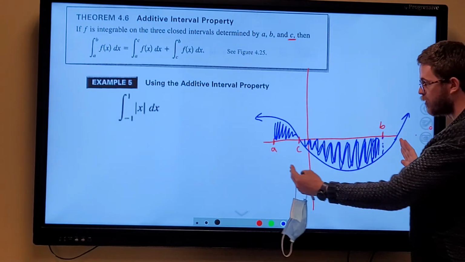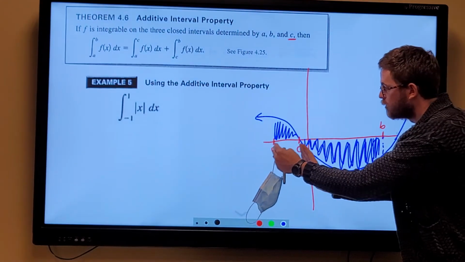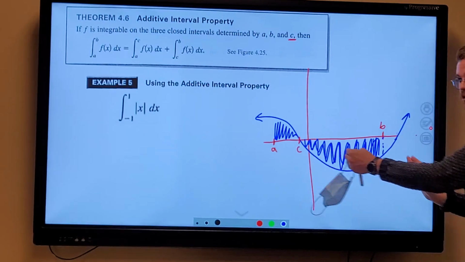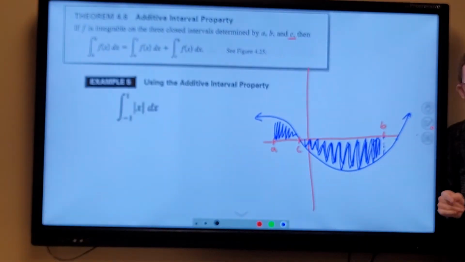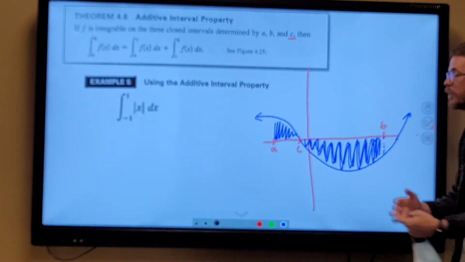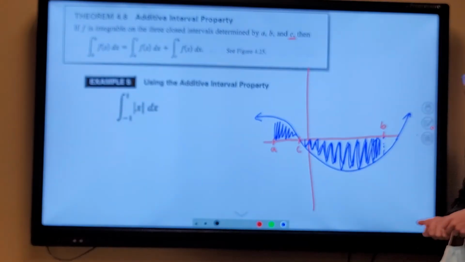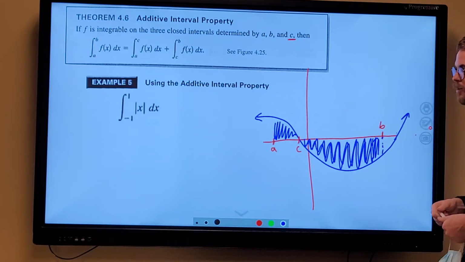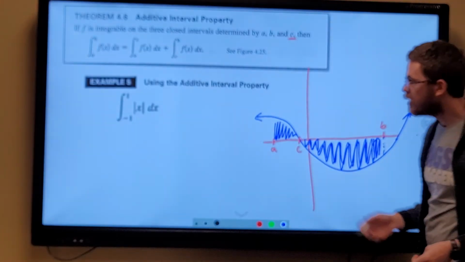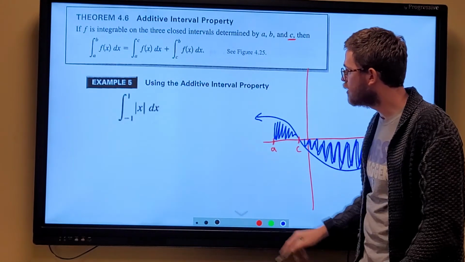We wanted to find the definite integral from a to b, so we took from a to c, and added it to c to b. This is often very helpful because we might not be able to look at the whole definite integral at once. We might have to break it down into smaller pieces. Here is just a quick usage of it.